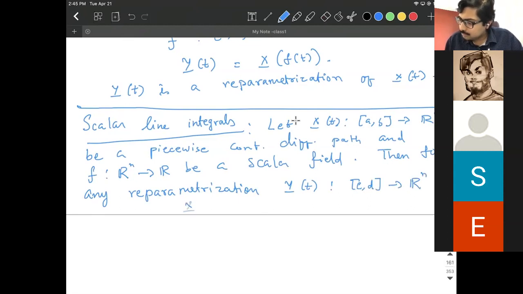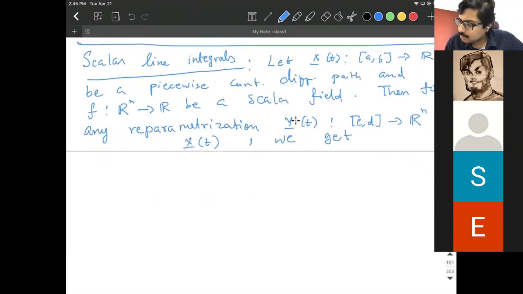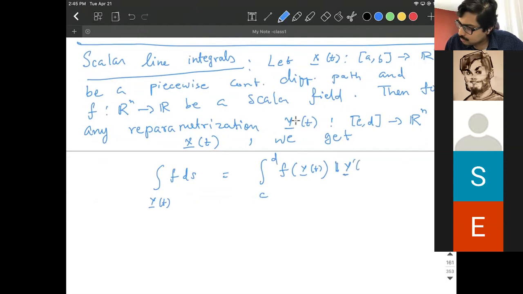of x(t), we get the following: the scalar line integral of f ds, so this is the integral from c to d of f(y(t)) norm of y'(t) dt, just following the definition. Now, here's where the change of variable formula for Riemann integration comes into the picture.